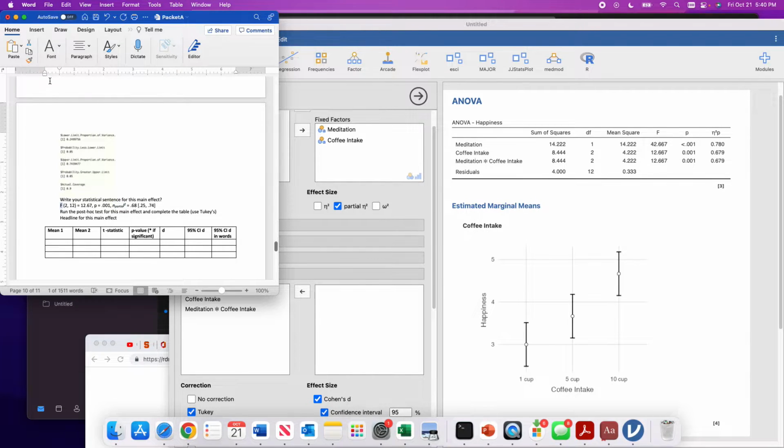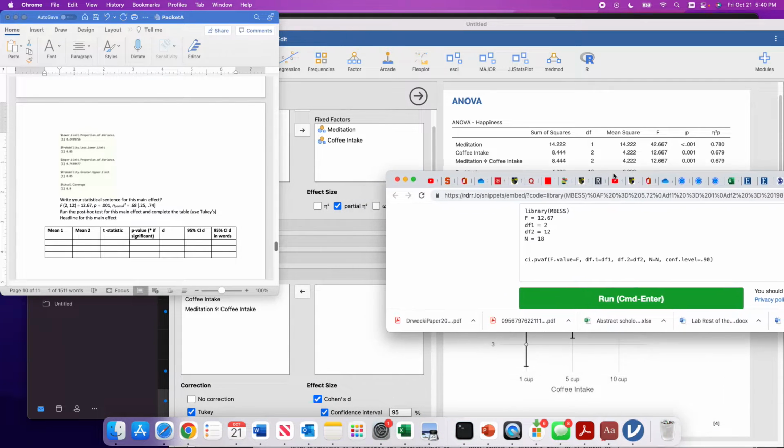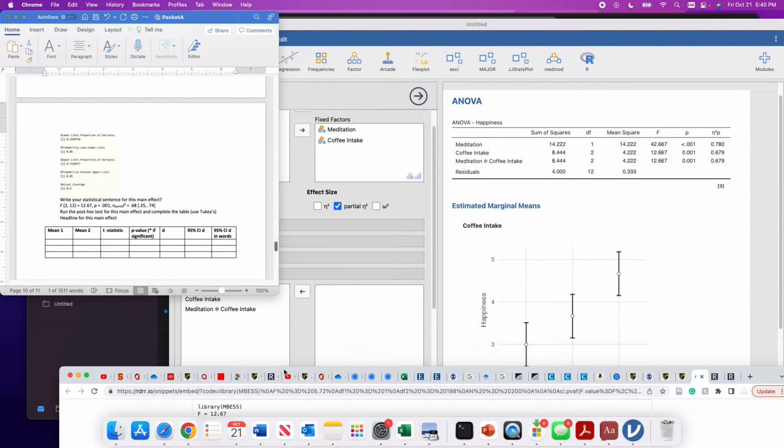Italicize the F and the P as well. All right, that's looking good. I do want to check something because I think I might have put the variance in instead of the F ratio. So I'm just going to double check my work, and that's just always good. Yep, nope, we're good. Okay.